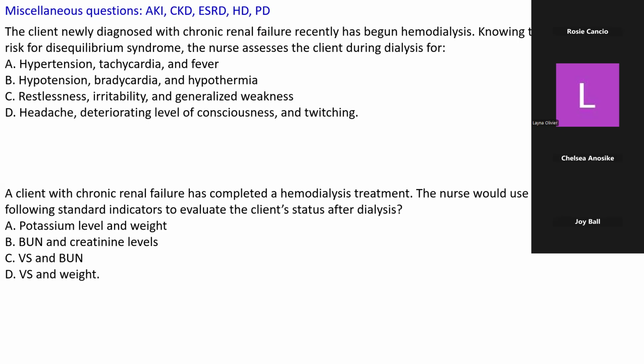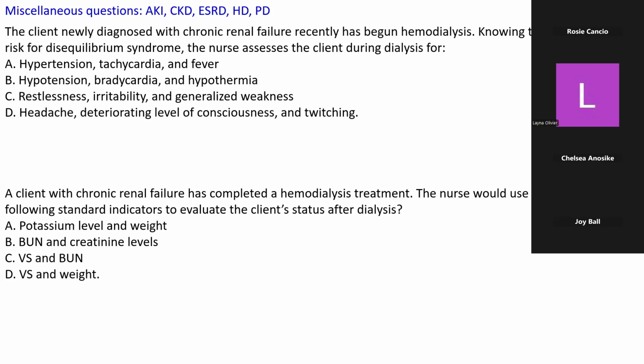So this equilibrium syndrome, the rapid removal of the urea, the brain cells will be reacting to that fast removal of the urea by the hemodialysis, by this equilibrium syndrome, which will be characterized by headache, mental confusion, decreased level of consciousness, nausea, vomiting, twitching of the muscles, and possible seizure activity.